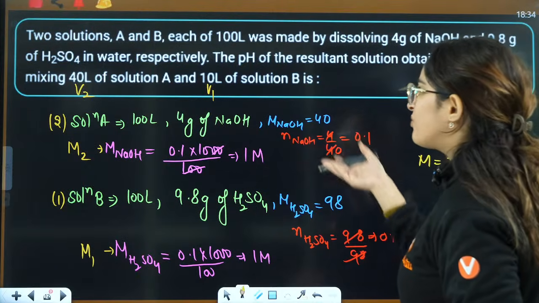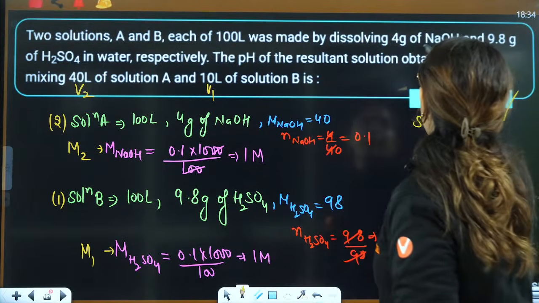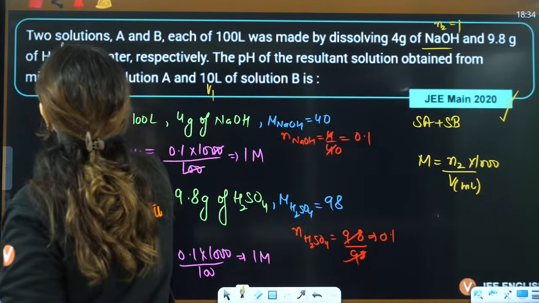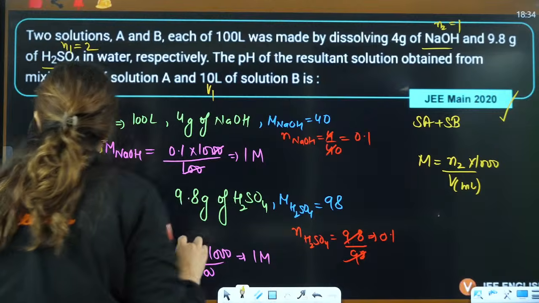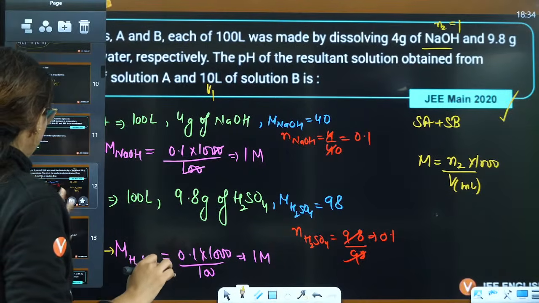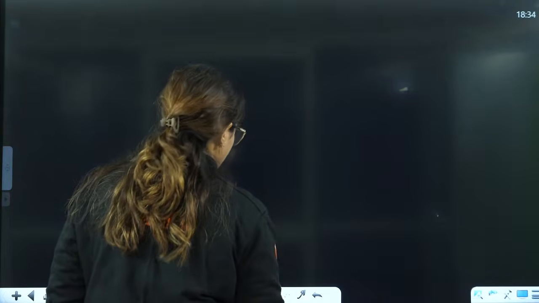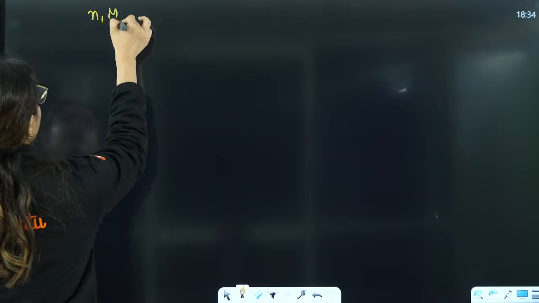Now V1 you know, and N2 is 1, and N1 is 2, right? Calculate the value of N1 M1 V1.